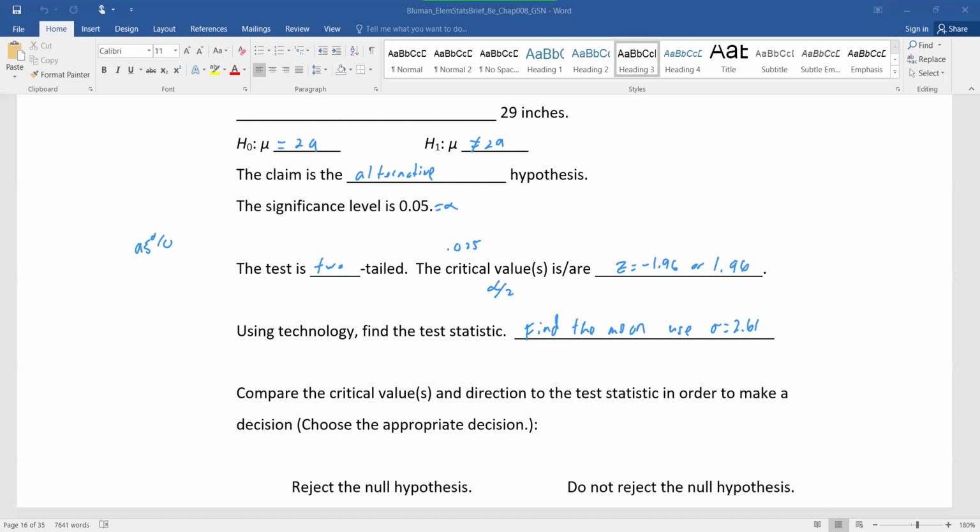Oh, no. We have it. The 29 is the population mean. The sample mean will be what we calculate here. So let's finish where we're at.